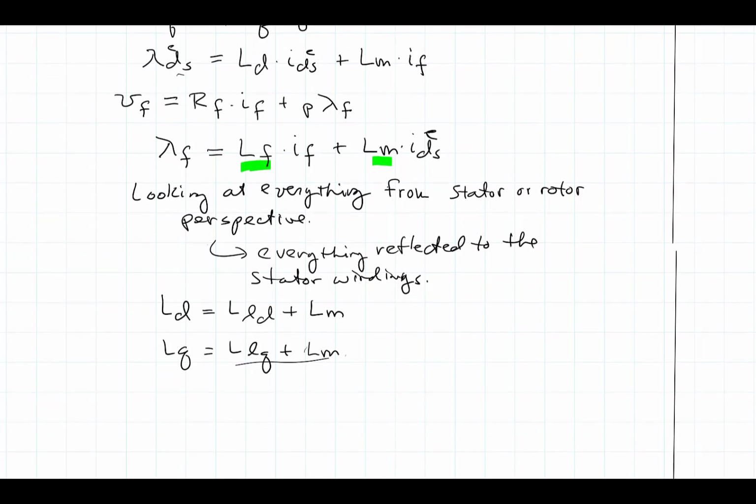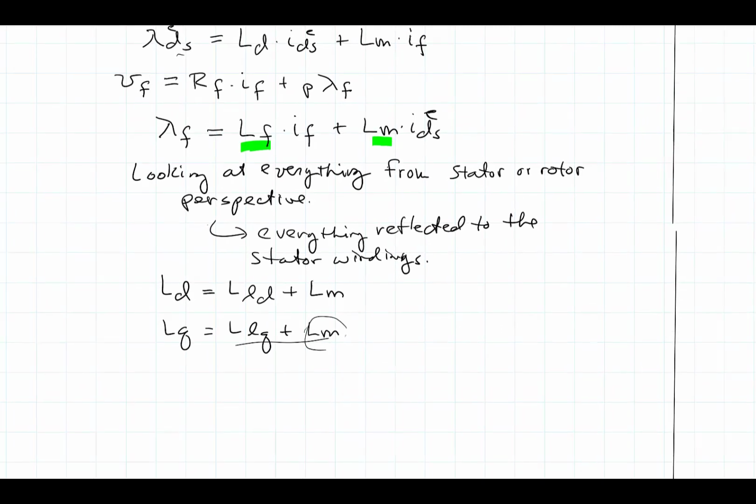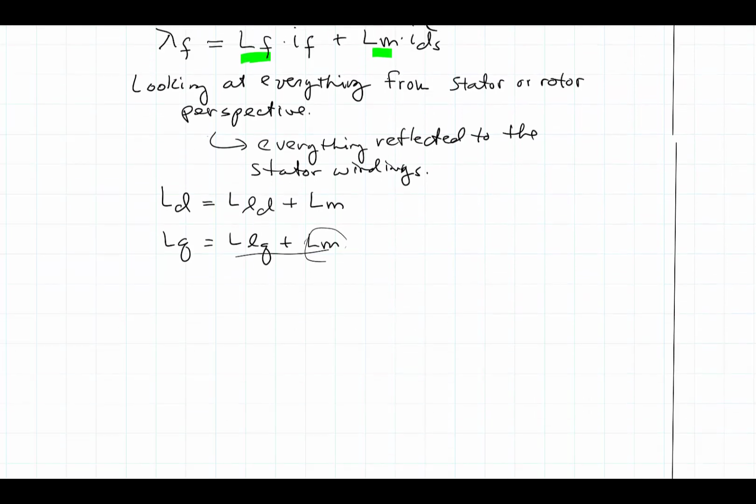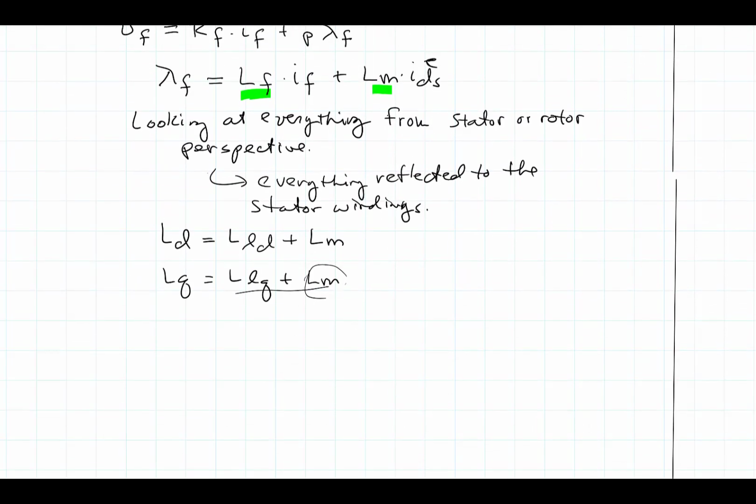Otherwise, this LM might be important. We don't see any of this happening in the DC motor, by the way. This is something that happens with sinusoidally wound machines. And then the LF is the leakage of the field winding plus LM. This would be like an LMQ, and this is like an LMD. So these aren't all the same.